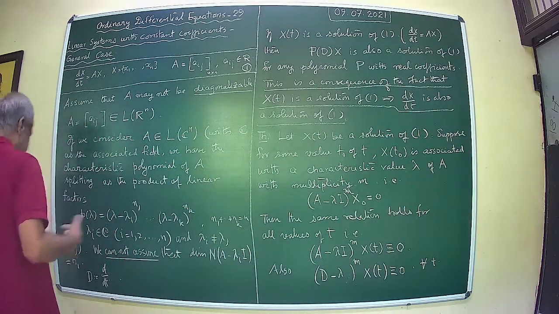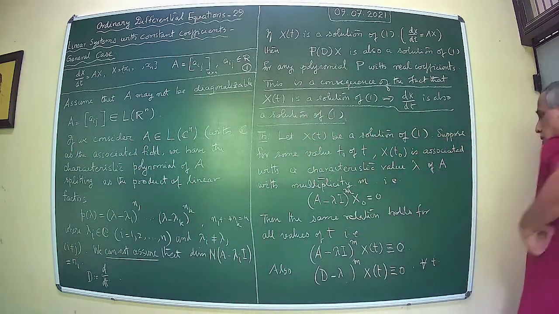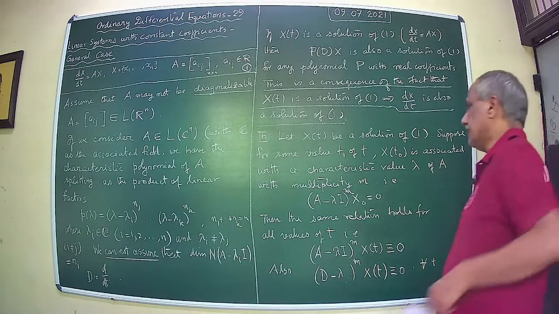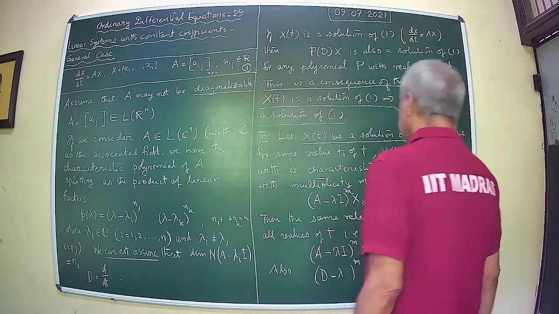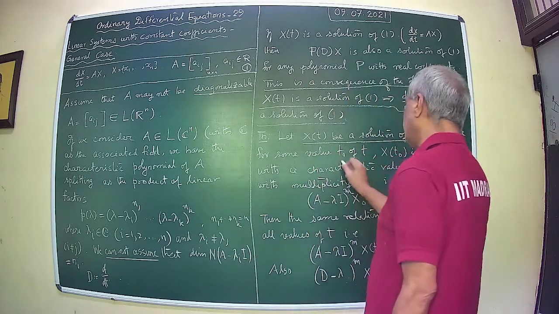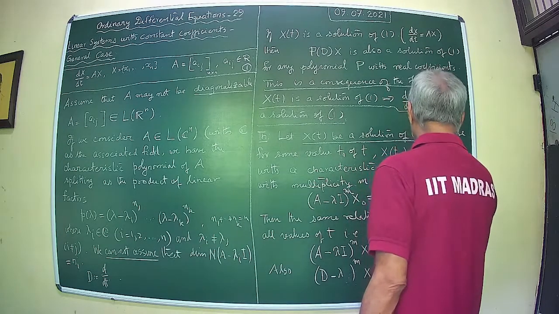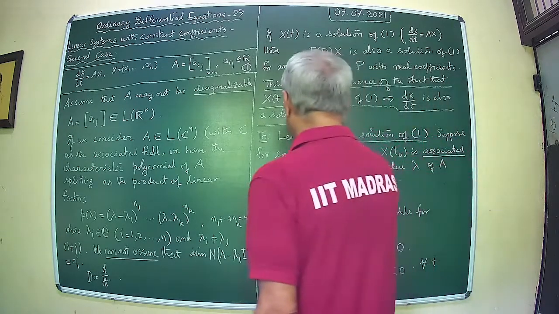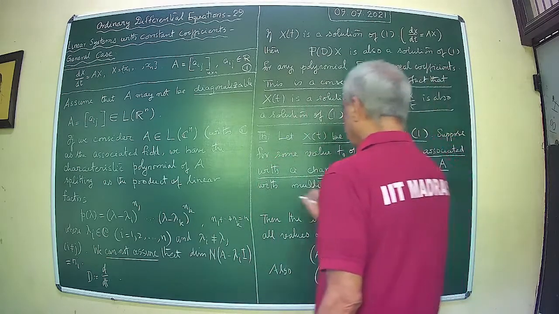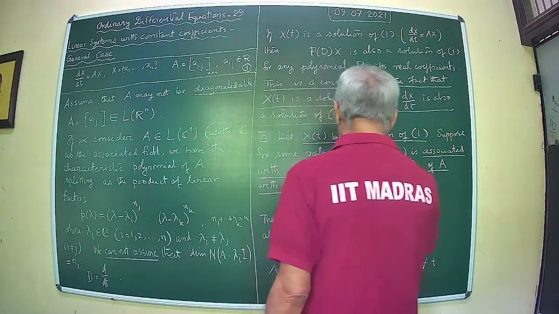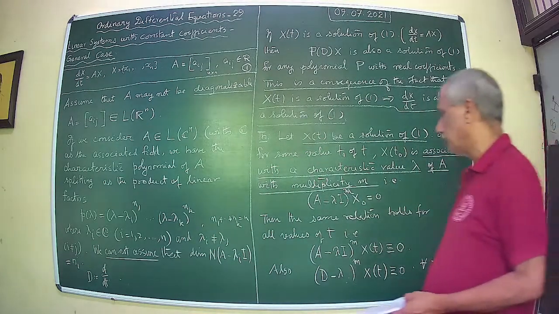Now this is something which we have proved, and this result is very crucial. What it says is that if x(t) is a solution of 1, then for some value t naught of t, x(t naught) is associated with the characteristic value lambda of A with the multiplicity m, by which you mean that (A minus lambda I) to the power m x naught is equal to 0.